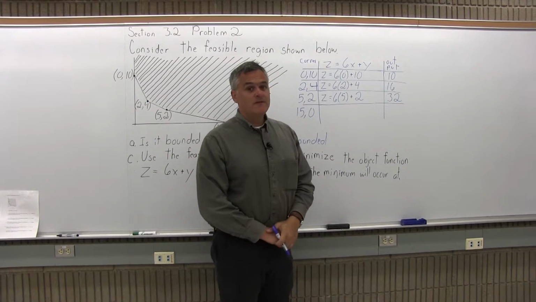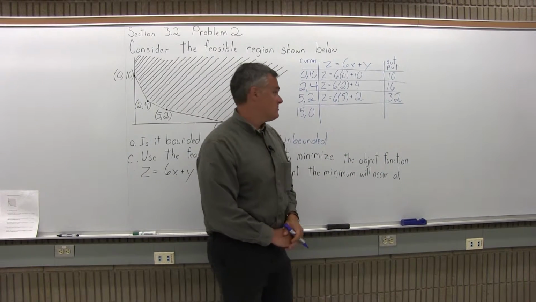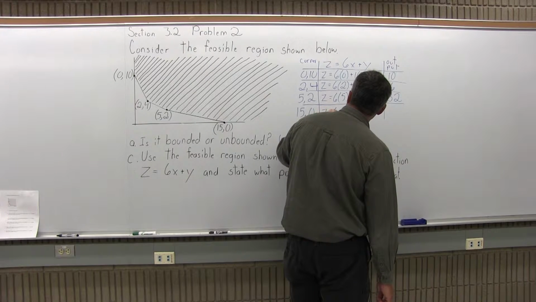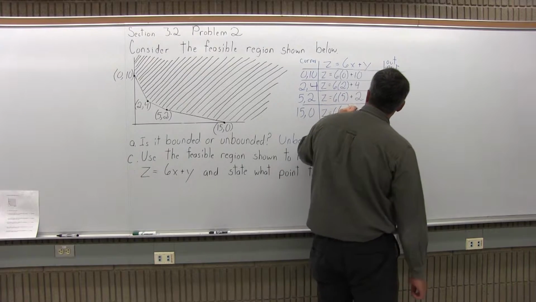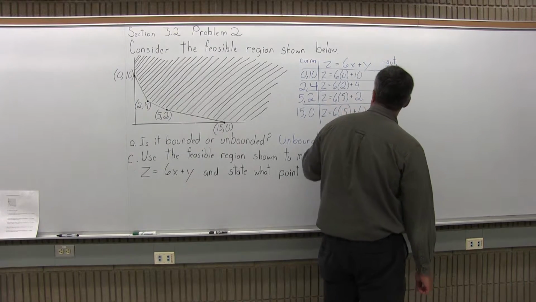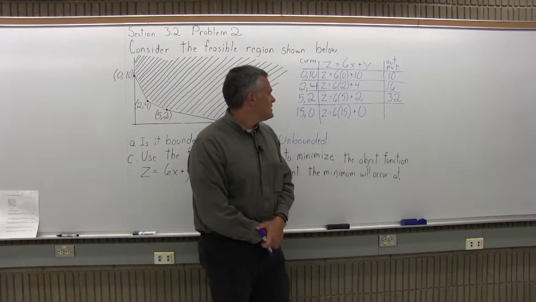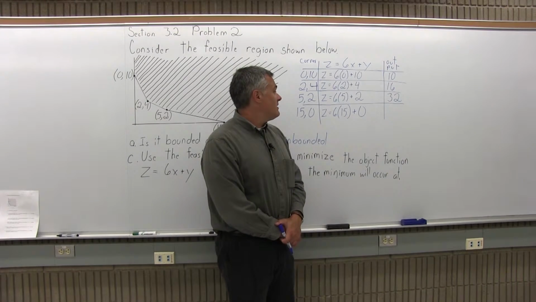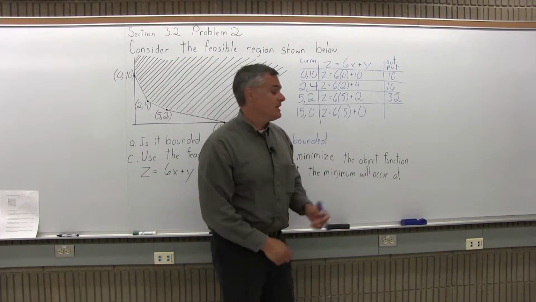And finally, 15, 0. So z equals 6 times x is 6 times 15, plus y is plus 0. Well, 6 times 15 is 90, and then 90 plus 0 is 90.